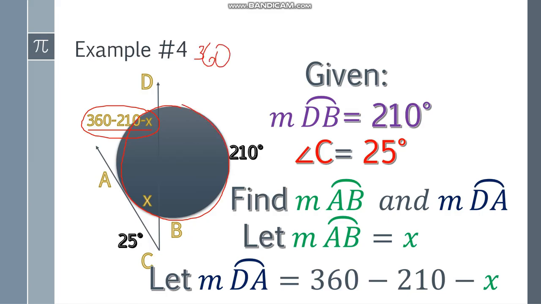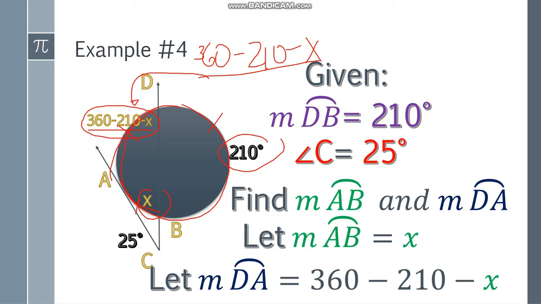So we have three parts, 1, 2, and 3. To know this part, you have to deduct the other parts: 360 minus 210, and I have to deduct another part, which is AB, so I deduct x. So this is the value of this part.